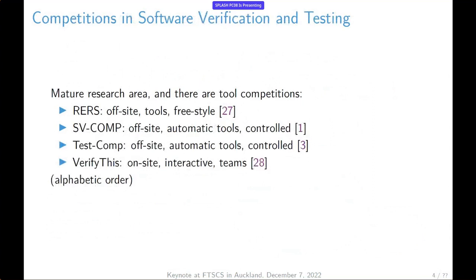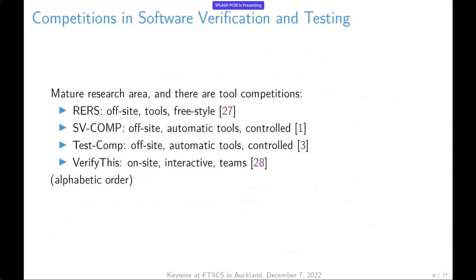Also, the maturity of the area. So Kirill has mentioned one competition, the SV-COMP, Competition on Software Verification. This is an off-site competition about automatic tools in a controlled environment. There's another competition, RERS, which is also off-site, but it's freestyle, so everything is allowed. Resources are not restricted in any way.